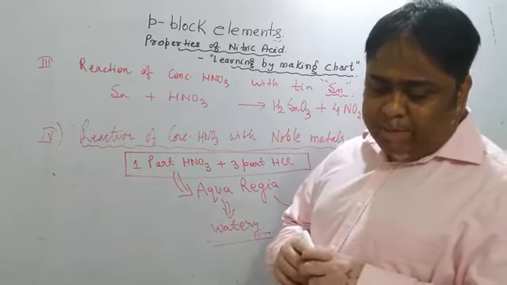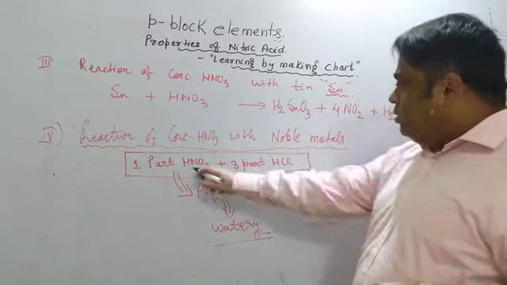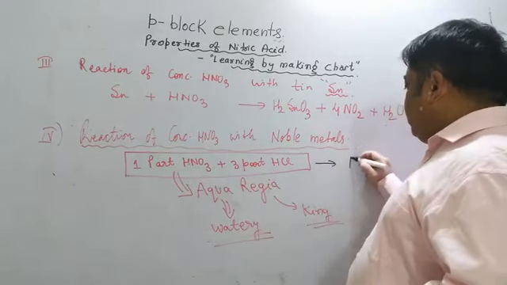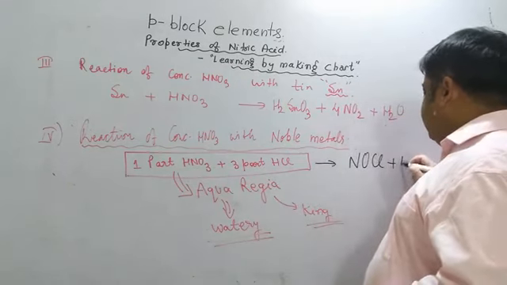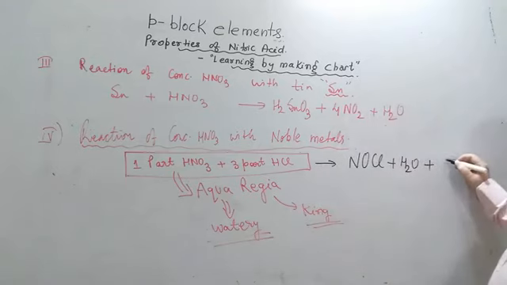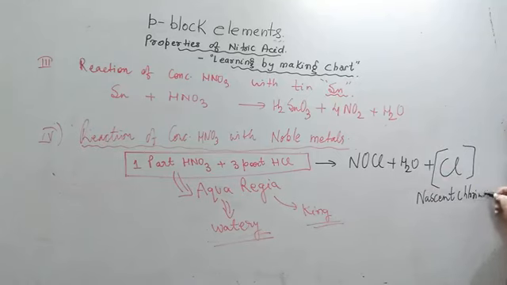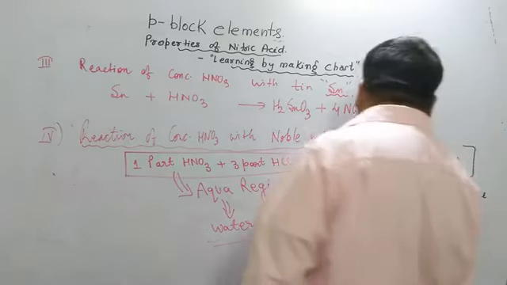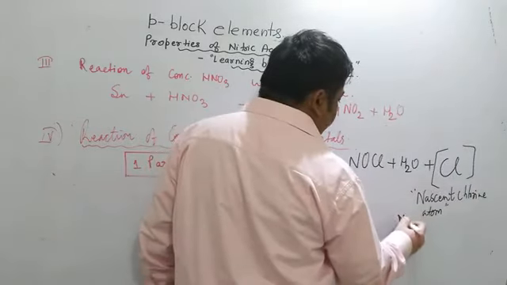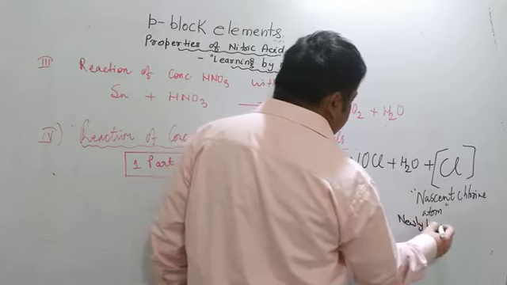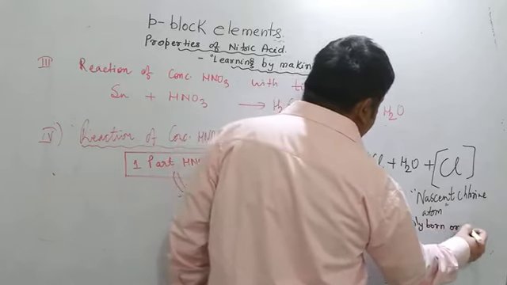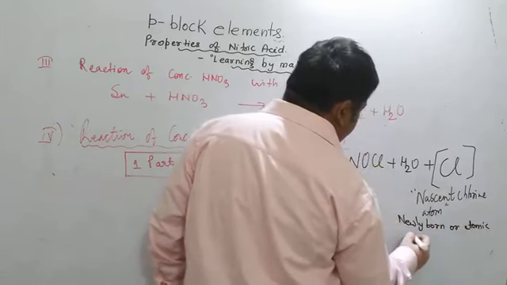Why does it happen so? Because when you react HNO3 with HCl, nitrosyl chloride, NOCl, is formed, water comes out, and a nascent chlorine atom comes out. This nascent chlorine atom is nothing but newly born or atomic chlorine.